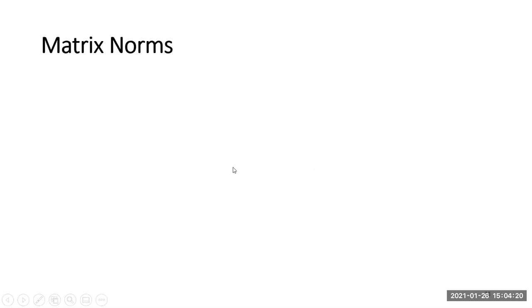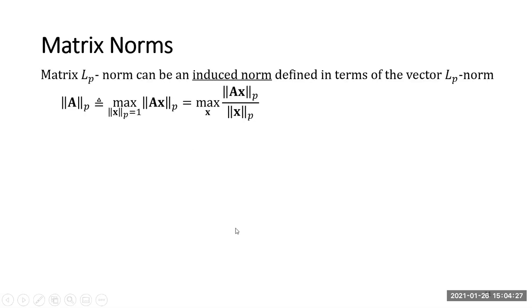What about matrix norms? A matrix norm can be defined this way. The LP norm of a matrix A is equal to this. This expression is more explanatory. So we take a vector x, and Ax is a vector, right?